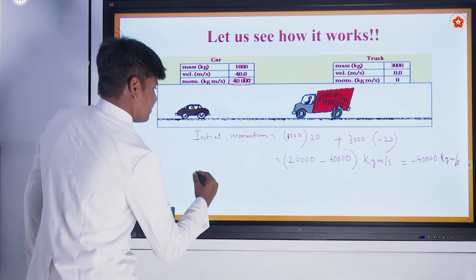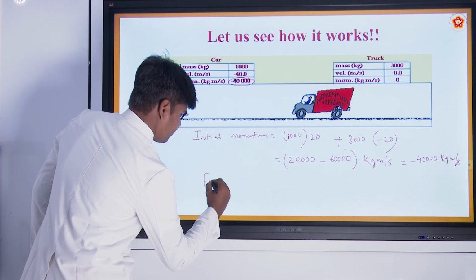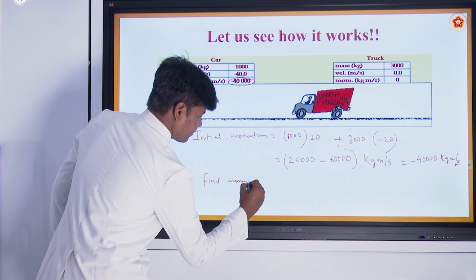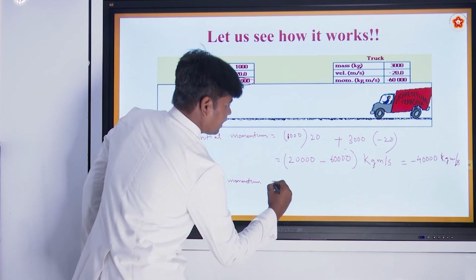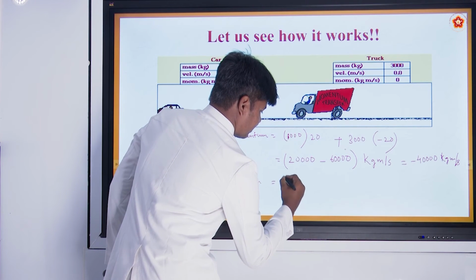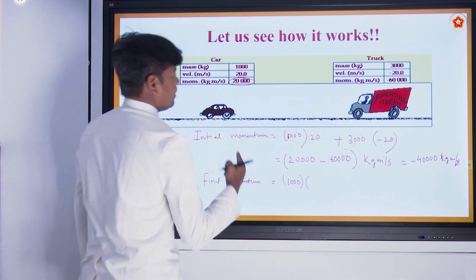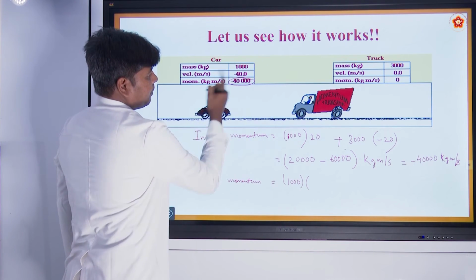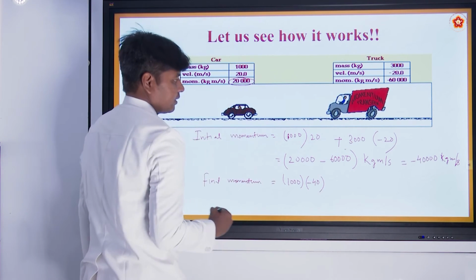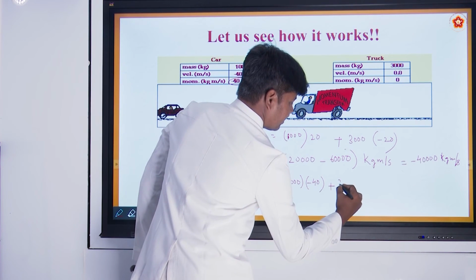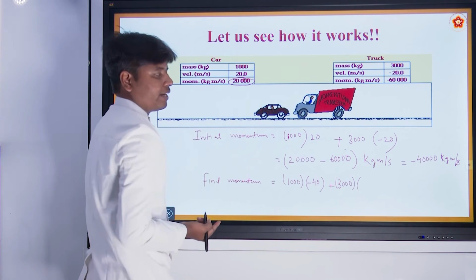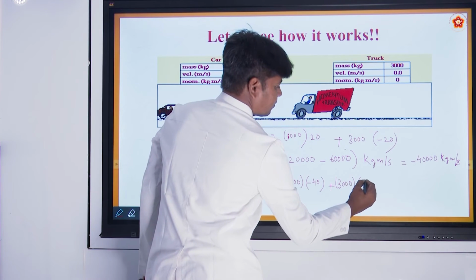So, let us find the final momentum. It is equal to 1000, mass of the car, 1000 kg, into after the collision, it is moving with minus 40, plus 3000 kg, mass of the lorry, into it came to halt, it is not moving anywhere, so velocity is 0.